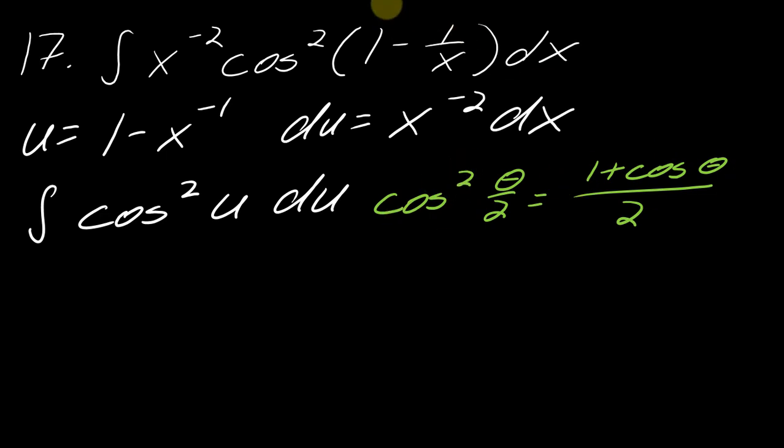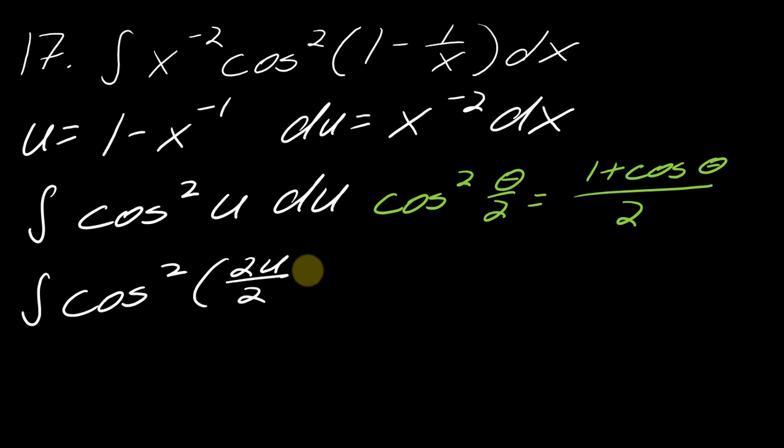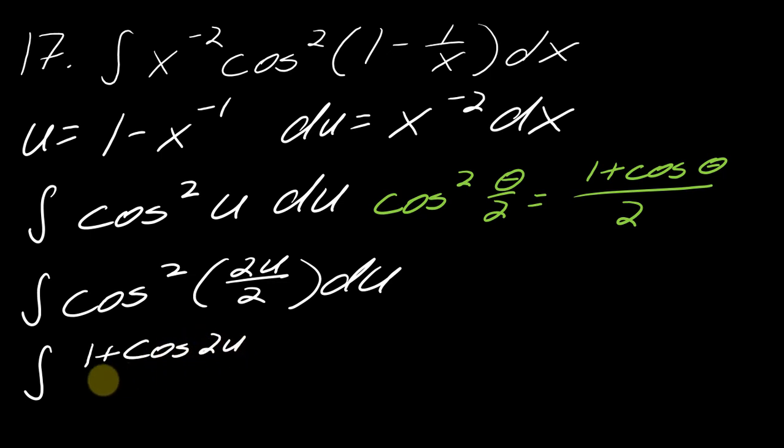That's all I did for this, but a lot of students ask me about that. Okay, so I need to rewrite my problem then as cosine squared of 2u over 2 du, so that I can implement this formula here. So this will now become 1 plus cosine 2u over 2 du.